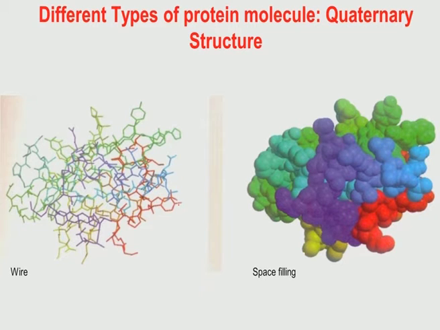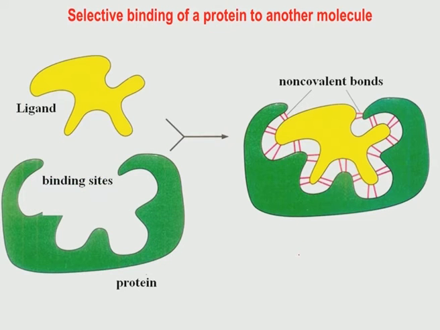People do a lot of experimental study and complement that with computational study, just to understand the protein structure at different length scales and how it evolves, and what the most stable configuration of a protein molecule is, which is certainly beyond the scope of this module discussion. However, let me also tell you that protein structure at the higher level can be described by the wire modeling as well as the space filling model, and this has been shown here.